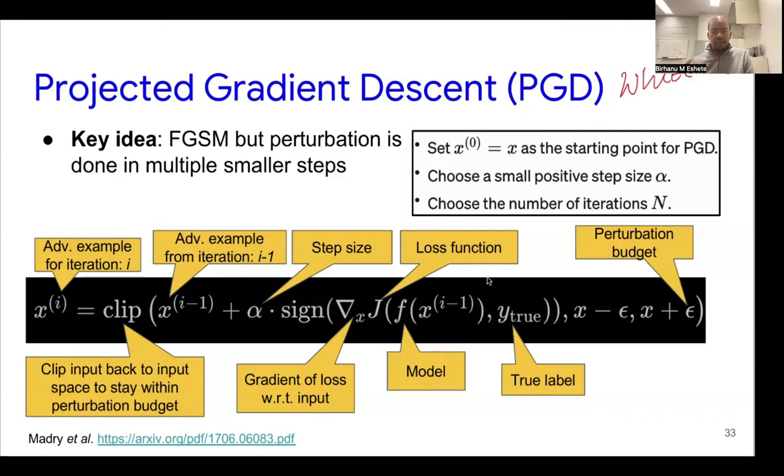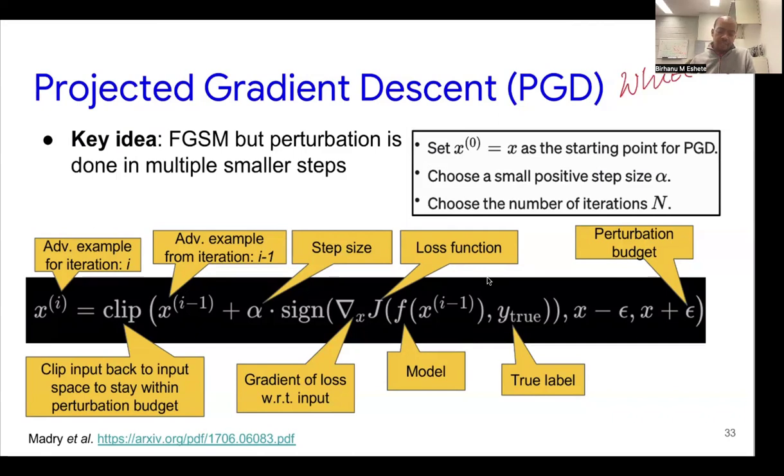For the fast gradient sign method, although you can use it to generate an adversarial example in one shot, it's very likely that you might overshoot and land on the wrong spot, right? So it may not work all the time. The adversarial example that you generate may not always fool the model.